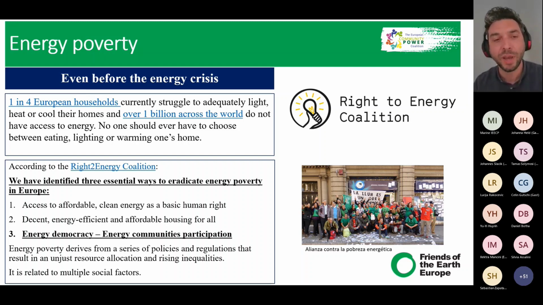Of course, energy poverty derives from a series of policies and regulations. It is a more broad issue, not a purely energy issue, but energy communities have a lot to offer to tackle this very important issue that affects many Europeans at the moment.